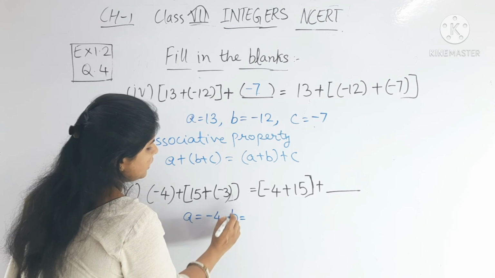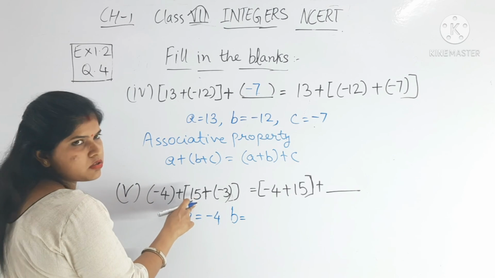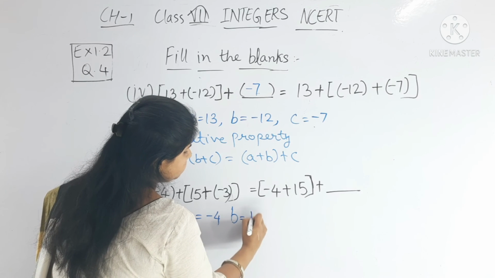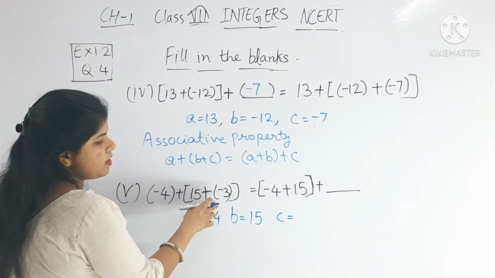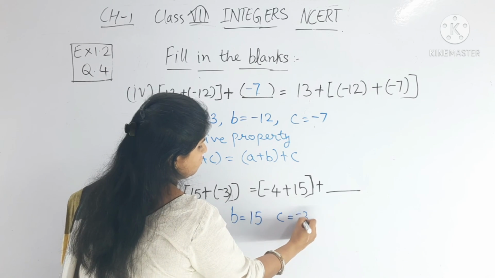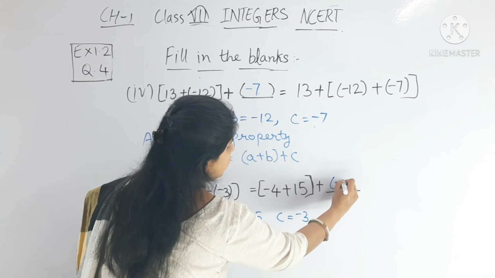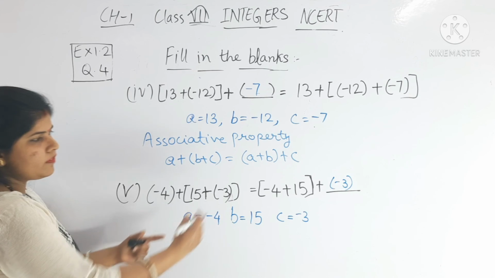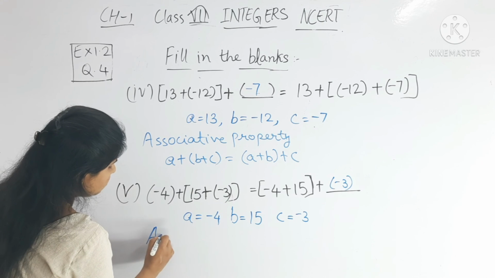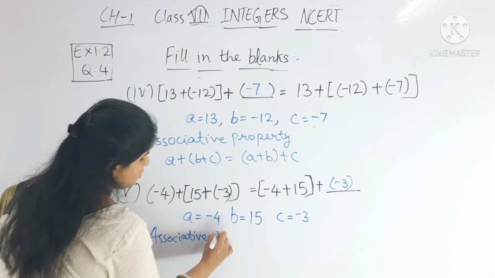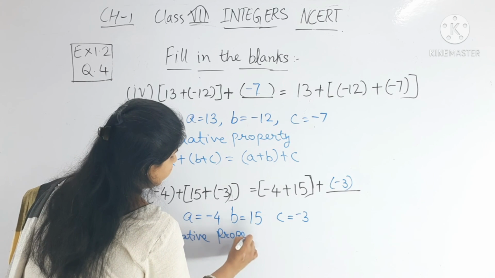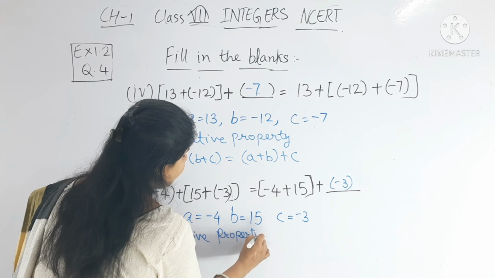We can see that B is equal to 15, here is also 15. What is C? C is here minus 3. So we can put here minus 3. How will we get it? By the associative property.